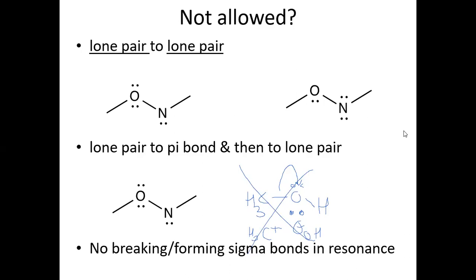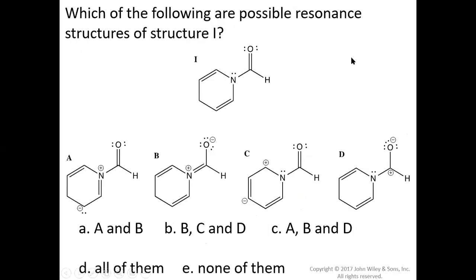Never break a sigma bond when you're doing resonance arrow pushing. When we get to mechanism arrow pushing, different story. But for right now, with resonance arrow pushing, never break that single bond. Yeah, that's just wrong. I have seen professors do that before in other classes. Not at NAU, like I said. They're sharp. They know what they're doing.